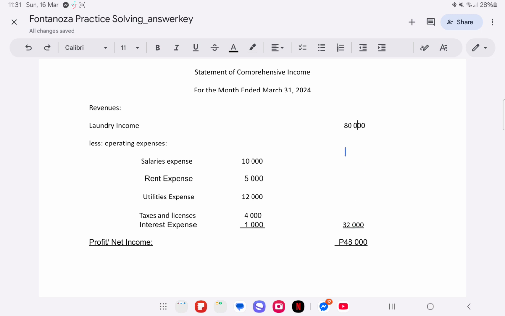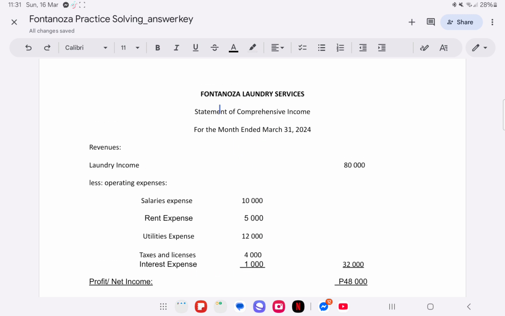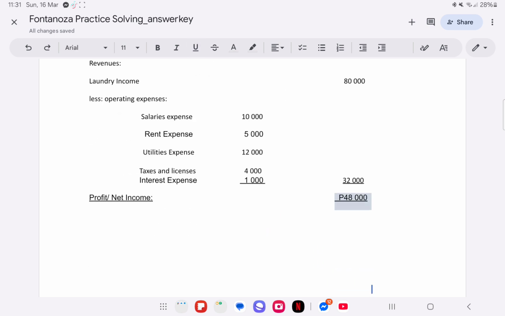If you're going to compute that one, 80,000 minus 32,000 is 48,000. So remember, put that into your mind, that our profit or net income in the statement of comprehensive income of Fontanoza Laundry Services is 48,000.